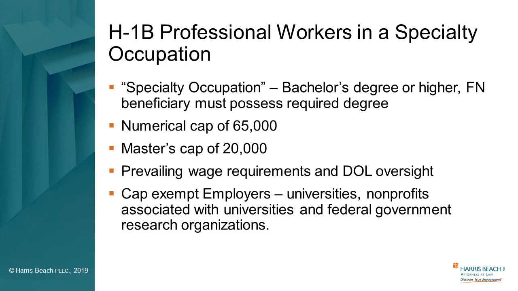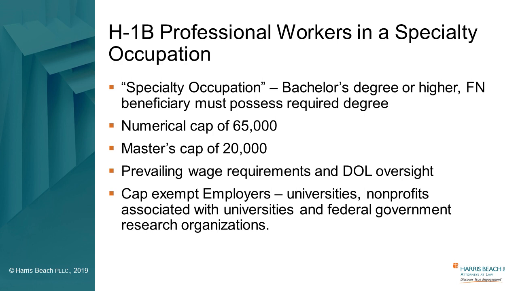There's a limit to these each year, 65,000, and then an additional 20,000 if you've completed a U.S. master's program, so an institution of higher education in the United States. Certain employers are exempt, and Brendan just wrote an excellent blog on our website about this. Who are these cap-exempt employers, and why is that important?